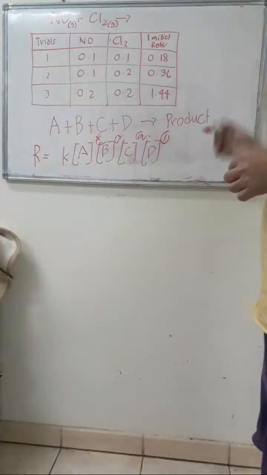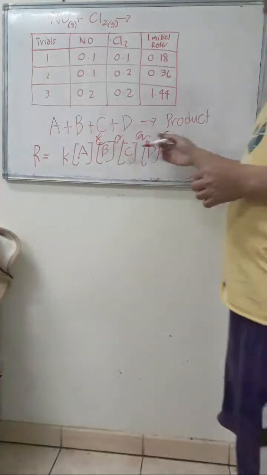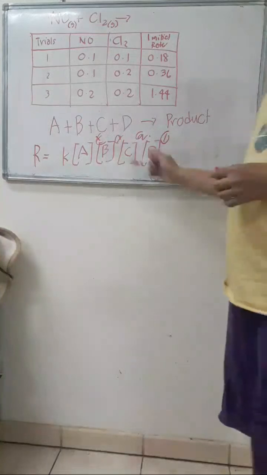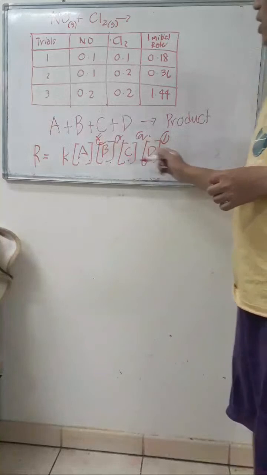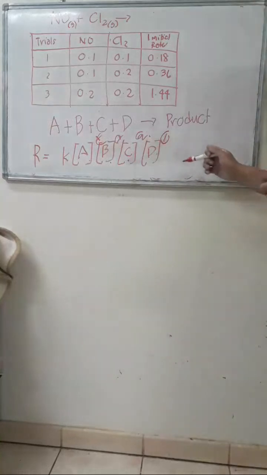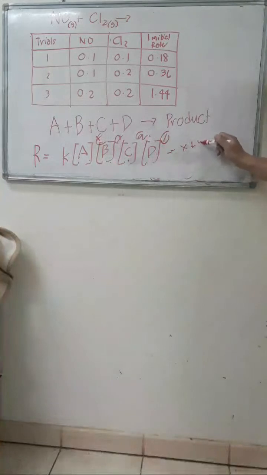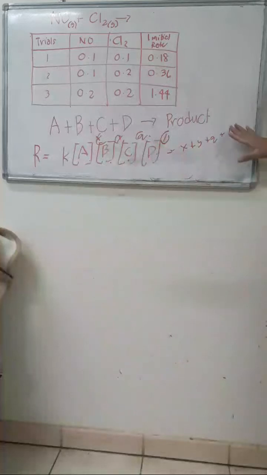So these will be your individual reaction orders with respect to A, with respect to B, with respect to C, with respect to D. So your overall reaction order will be X plus Y plus Q plus L. Then it will be more simplified if you have only 3 reactants, up to Q only.